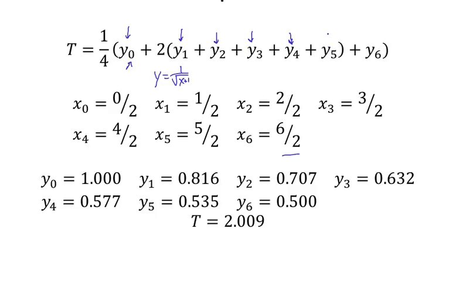Yeah, well anyway, this is 0.535, and this is 0.500. And substitute these numbers in and calculate it, you'll get that T equals 2.009. Fairly close. You got a little bit of error there, but not too much.